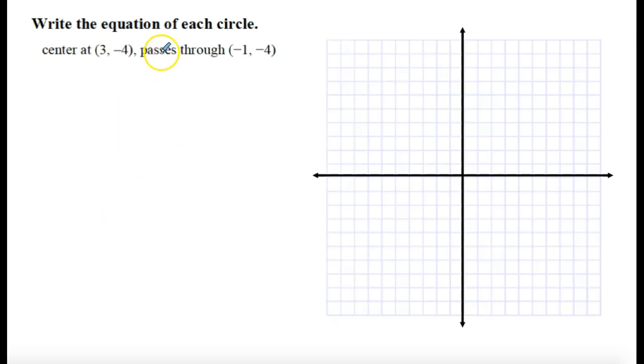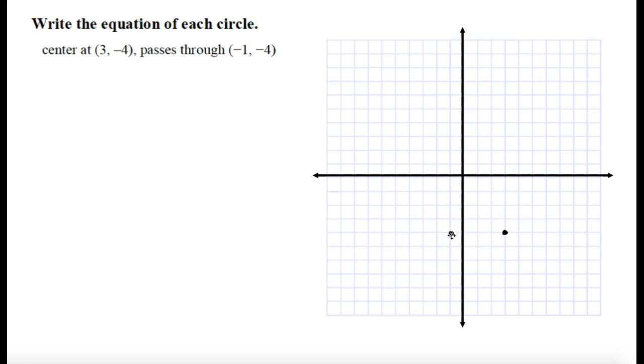All right. How about something like this? If we're given the center, but then we're just told a random point that the circle passes through. Let's think about what that would look like on the graph. My center is at the point (3, -4). So here's my center. And then the circle, which is out here somewhere, goes through the point (-1, -4). So here's the center, here's some random point on the circle.